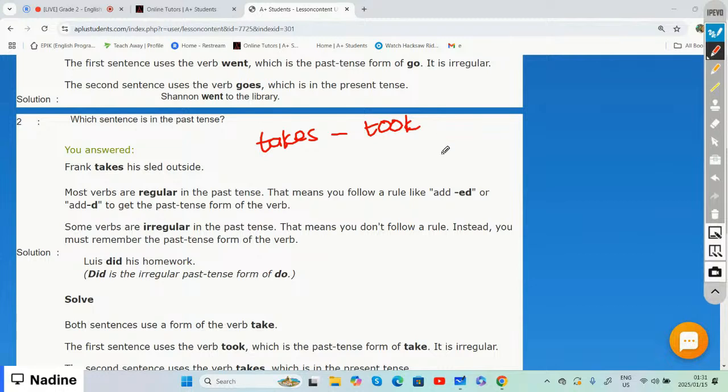Took is correct. So takes is basically the action that Frank is doing now, but in the past, the wording changes.